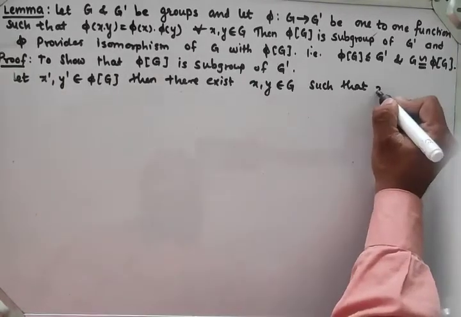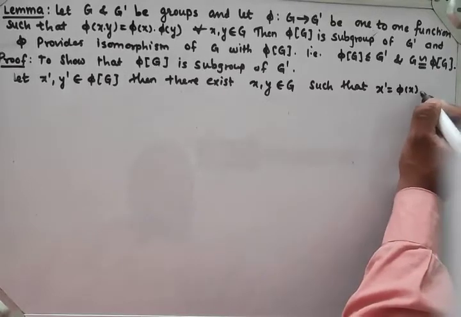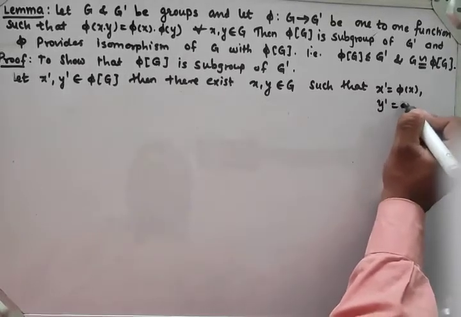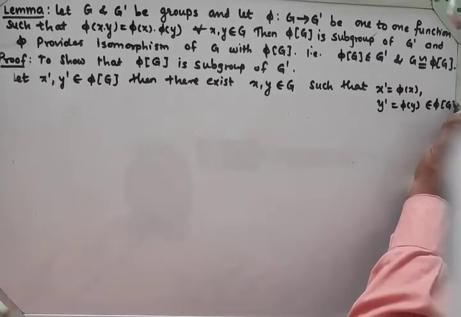So I will write x dash is equal to phi of x and y dash is equal to phi of y are from phi of G.